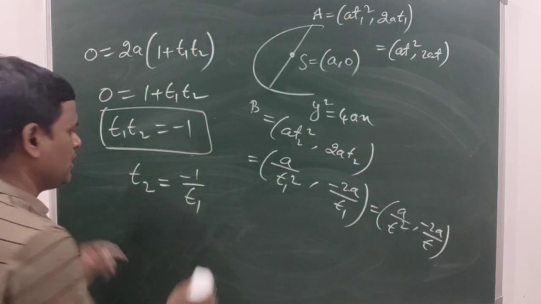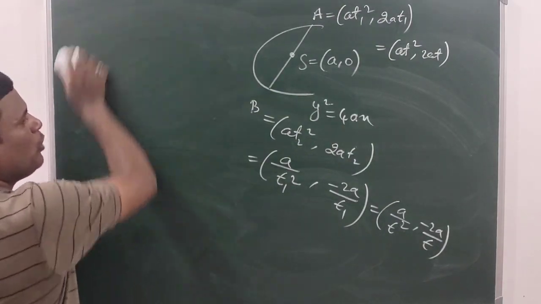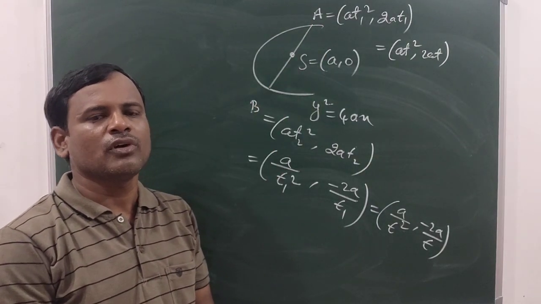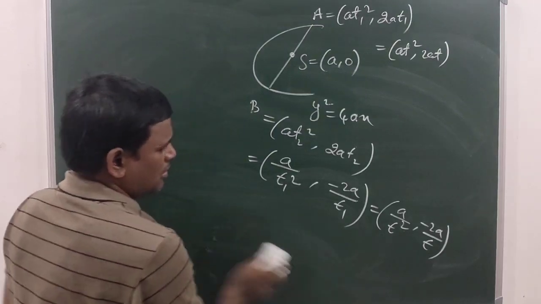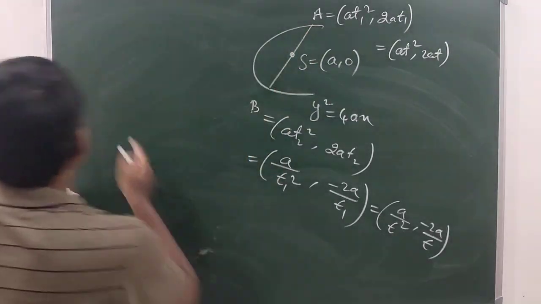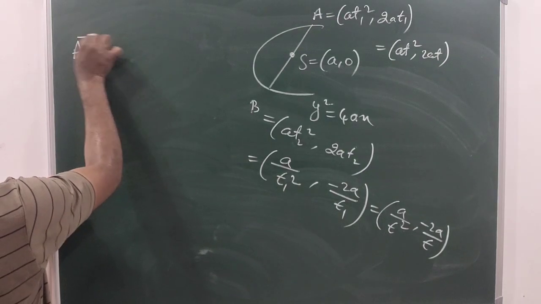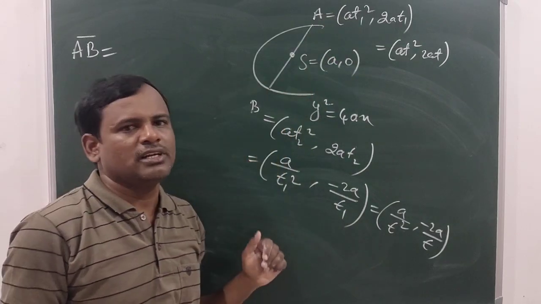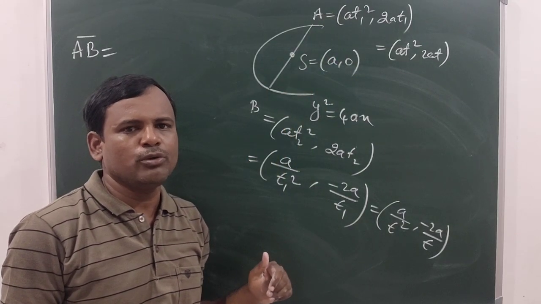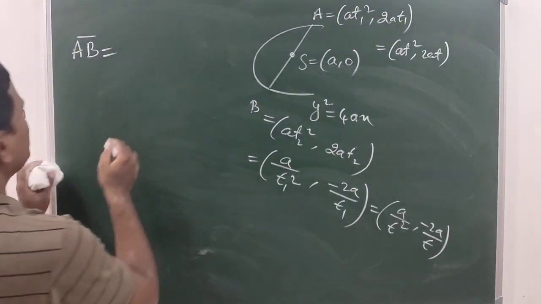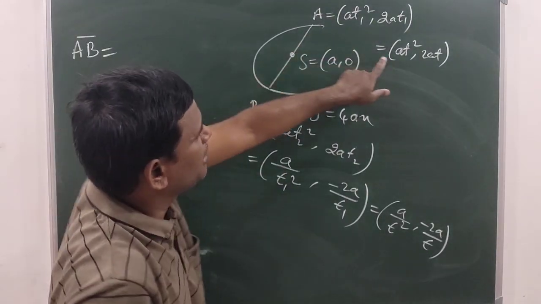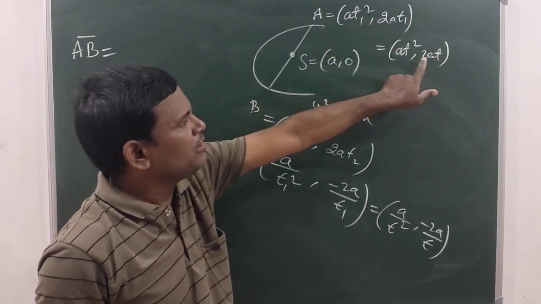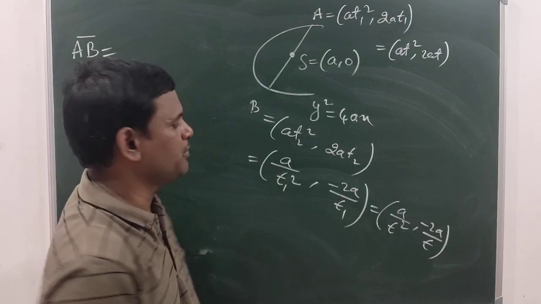Okay, right. Hereafter, I am going to find the length of this focal chord AB. To measure the distance from A to B, we have the distance formula between two points. Apply that. Consider these as x1, y1, x2, y2.